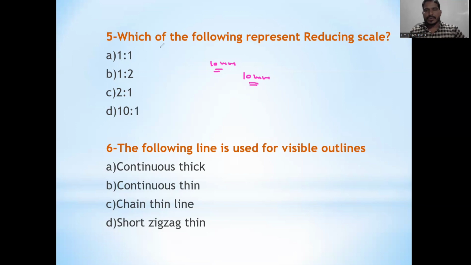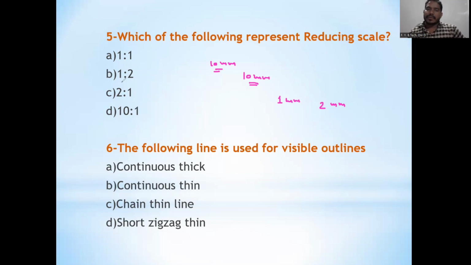It's not reducing, because what is our question? Which of the following represents the reducing scale? It's not reducing because we are using the actual size on the drawing sheet. Now second, 1:2. What does 1:2 mean? Suppose on our actual object a dimension of 2 millimeters has been given, and for that you use 1 mm on the drawing sheet.